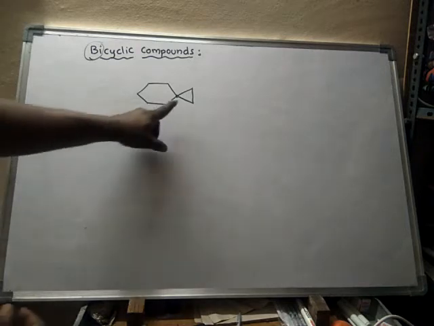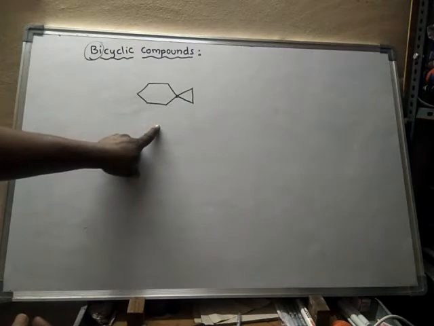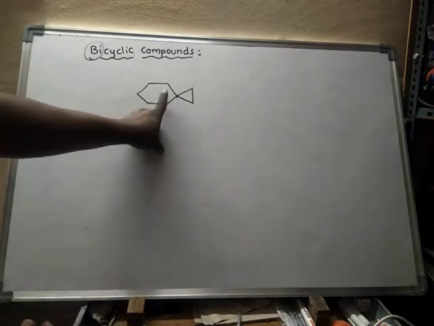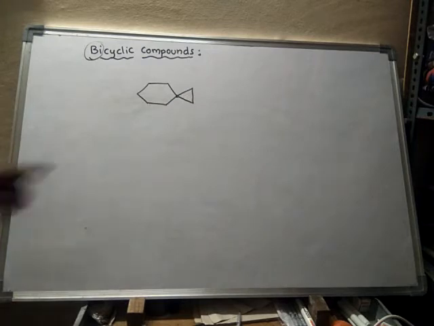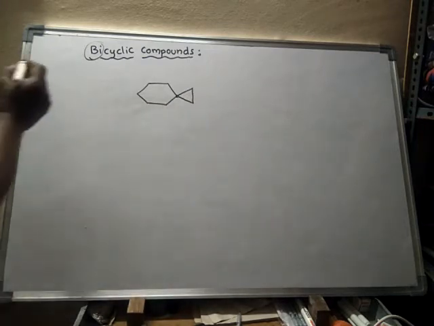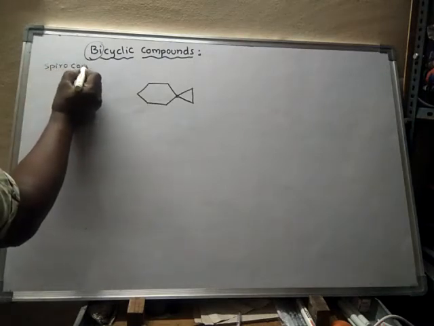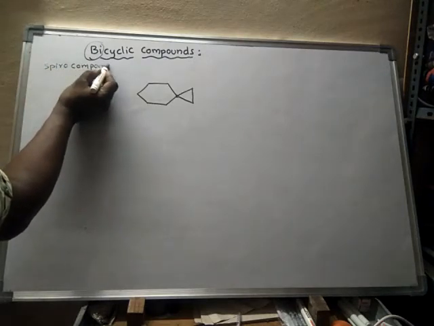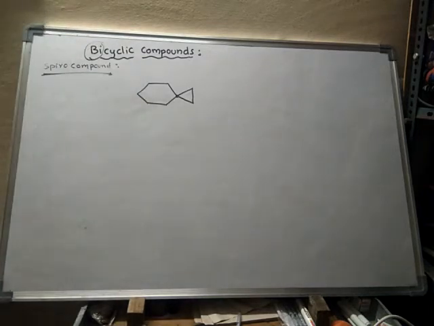So only one carbon atom is shared by both the rings. This carbon has become part of this ring as well as the second ring. Such compounds are said to be spiro compounds. So how to write the name when a spiro compound is given?